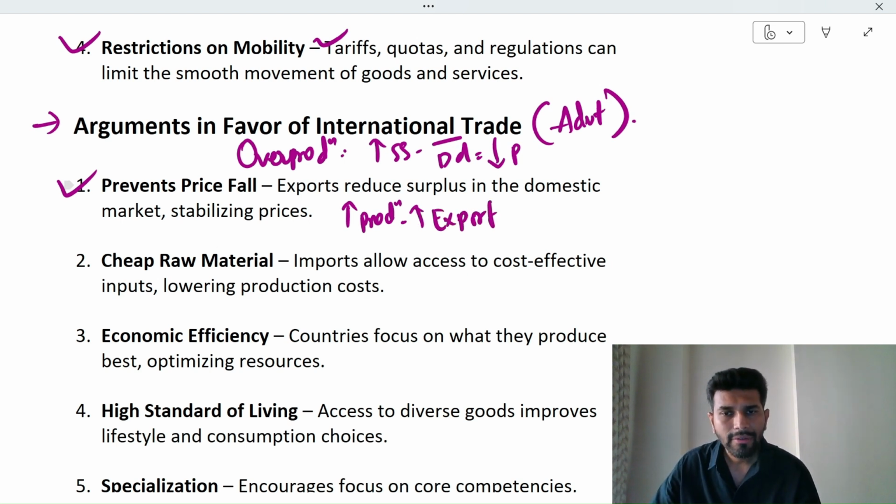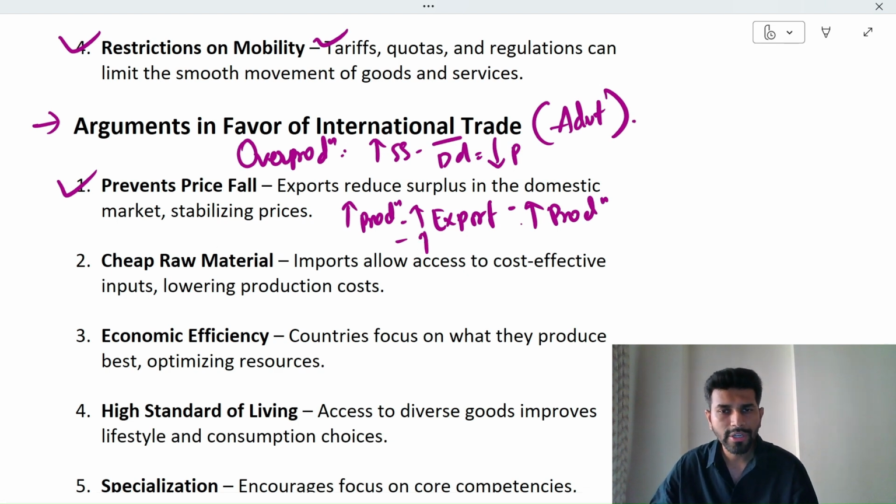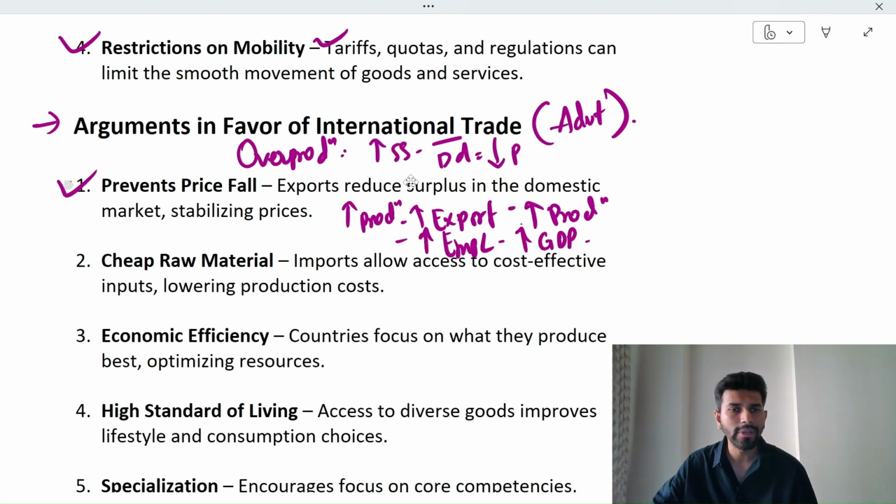It means we can export that extra production, and more export means more profit. More production requires more employment generation, so there will be more GDP and ultimately it will help to achieve economic growth. And even if there is a price fall in the domestic market, the loss can be set off from the profit of another market.